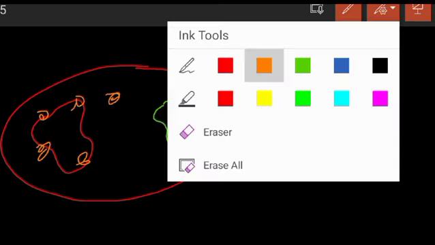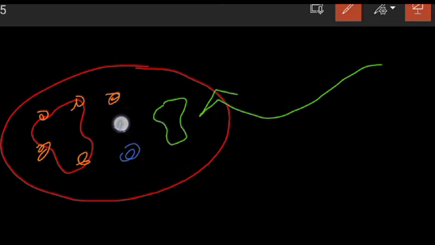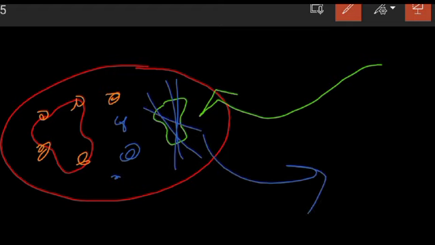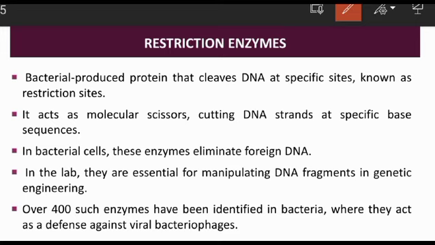Thereafter, restriction enzymes become activated and destroy the unmethylated foreign DNA, convert it into fragments and eliminate it from the body. So these enzymes basically act as a defensive system against viral bacteriophages.